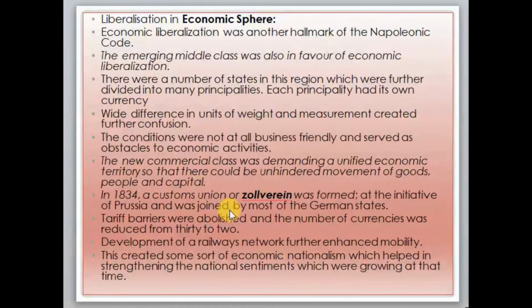Each of these possessed its own currency and weights and measures. A merchant traveling in 1833 from Hamburg to Nuremberg to sell his goods would have had to pass through 11 custom barriers and pay a customs duty of about 5% at each one of them.